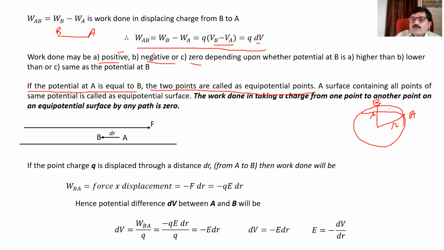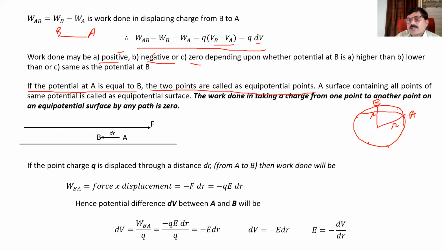And obviously on the spherical surface, any point will be equipotential. The potential at that point will be the same, because the work done in taking a unit positive charge from infinite distance to any point on the surface will be the same, and therefore these points are called equipotential points, and the surface is called an equipotential surface.